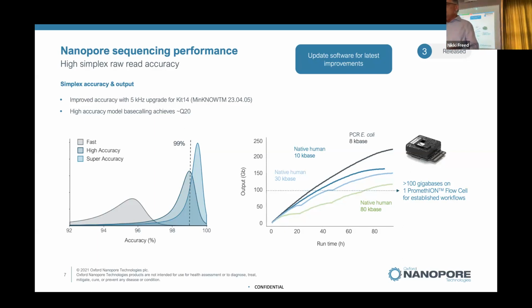And we find there's an inverse relationship between the average length, the N50, of the library and the total output from a flow cell. So with ultra long, you might generate between 50 and 100 gig per PromethION flow cell. But if you're looking at 10 KB fragments, you can generate 150 to 200 gigabases sometimes. So it does vary.